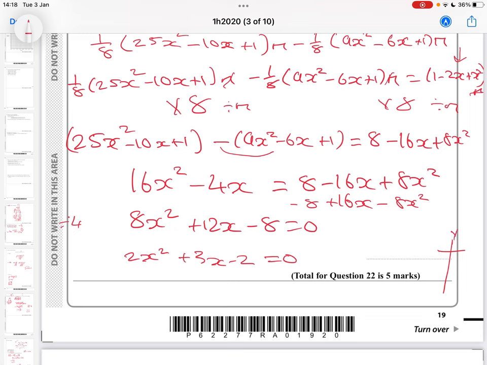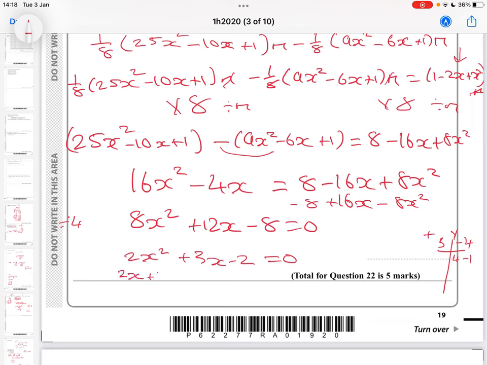So two numbers that times to make 2 times negative 2, which is negative 4, but when you add them together, we are going to get 3. So if I do that, I'm going to have 4 and negative 1.